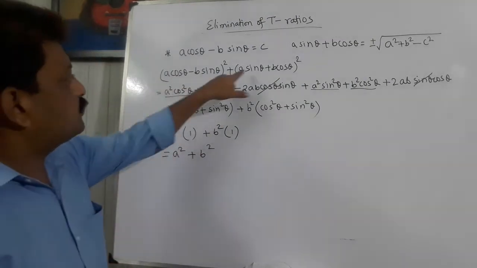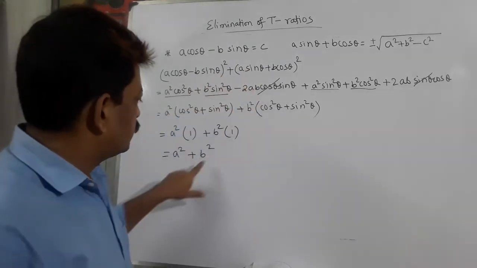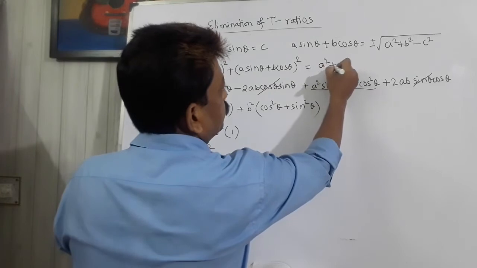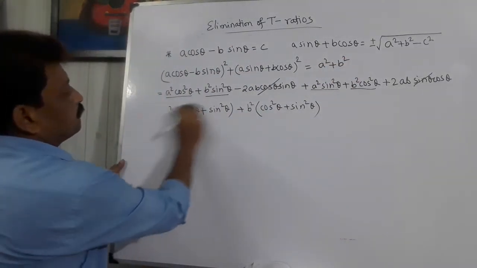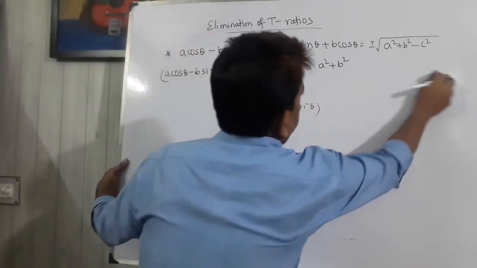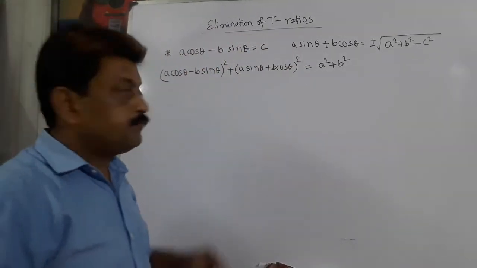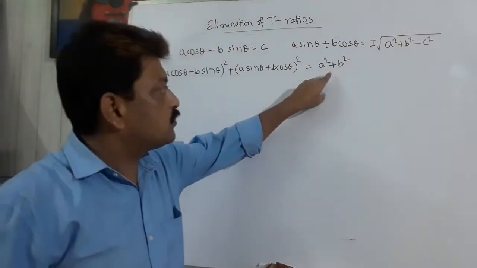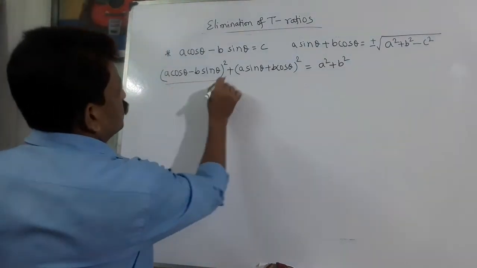So the square of the given part plus the square of the question part equals A square plus B square. I am writing it here. Hope you have understood. Now the value of this part is also given.